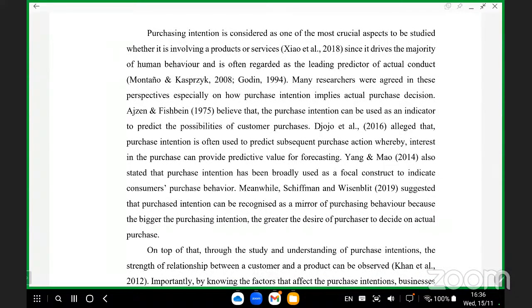Since it drives, okay, ini yang diguna pakai, cited daripada journal, certain journal yang already been stated here. Tetapi kalau nampak di situ, my student dia letak tu satu ayat dia. Many researchers were agreed in this perspective, especially on how purchase intention implies actual purchase decision. Itu adalah the way she slot in her own statement there.